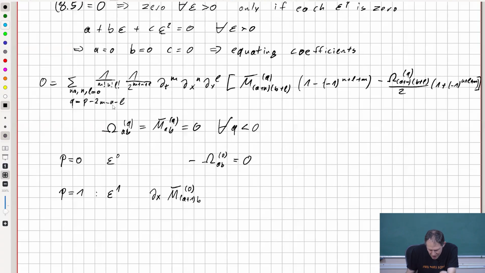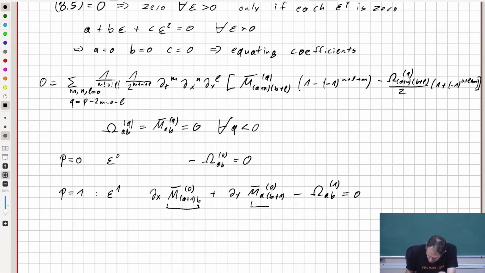So N is 1, P is 1, so Q is 0. You see it? Plus dy M A, similar here, B plus 1 to 0 order. And this goes into AB to first order now, and this together is 0.